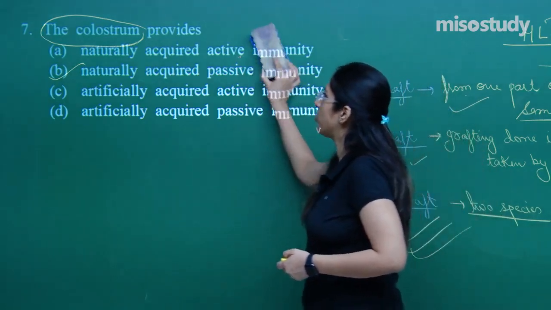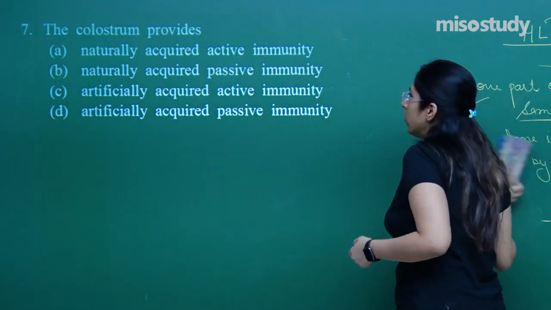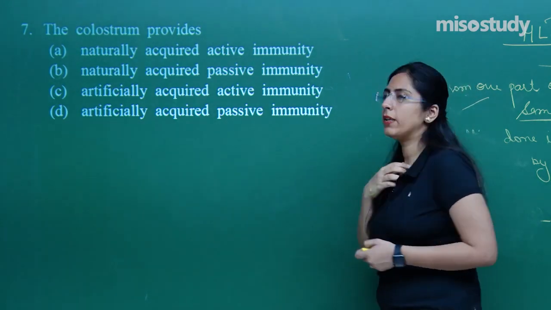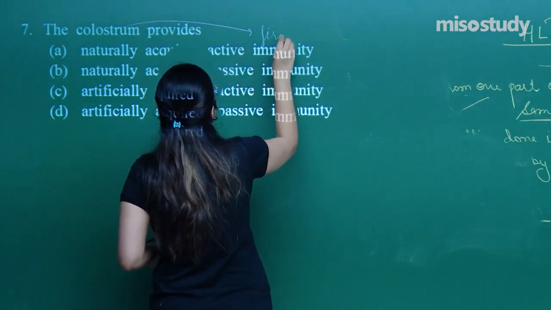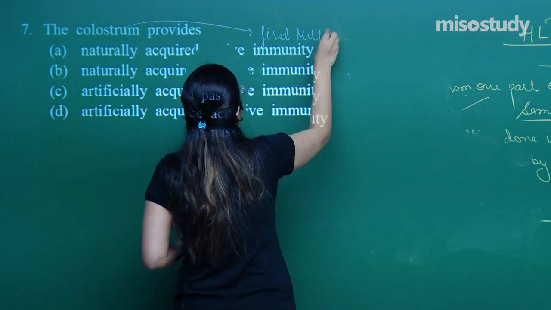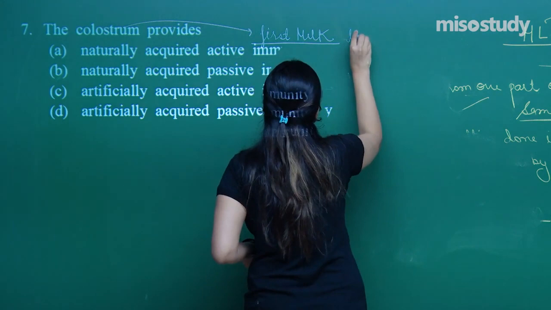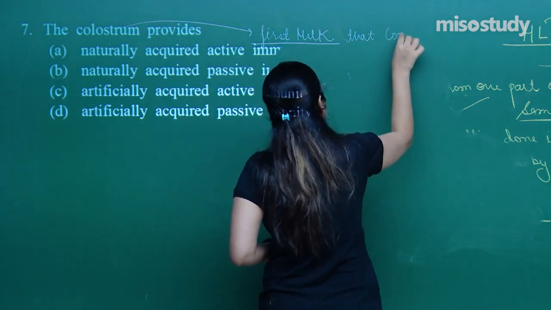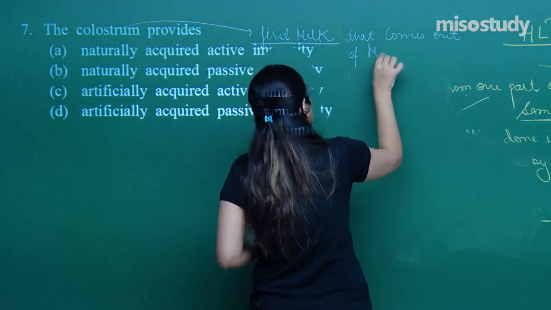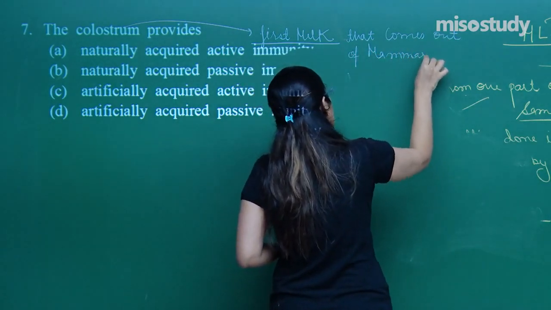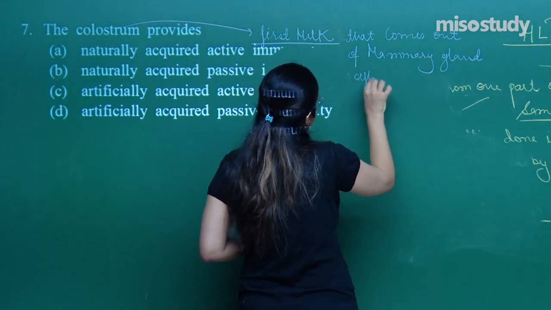Now another question. The colostrum provides. What is colostrum? Colostrum is called the first milk. First milk that comes out of the female mammary gland just after parturition.